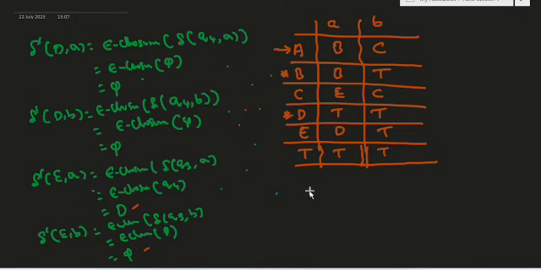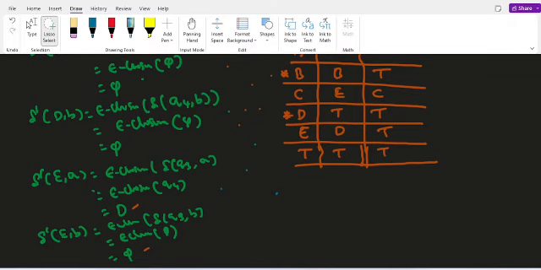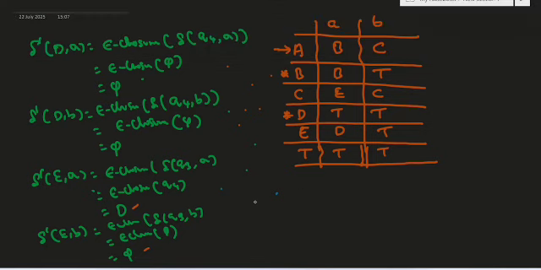So let us make this state A, and this is an initial state. Now, B is a final state. We make C a non-final state. Again, D is a final state. We will make E here, E is a non-final state, and we have a trap state now.